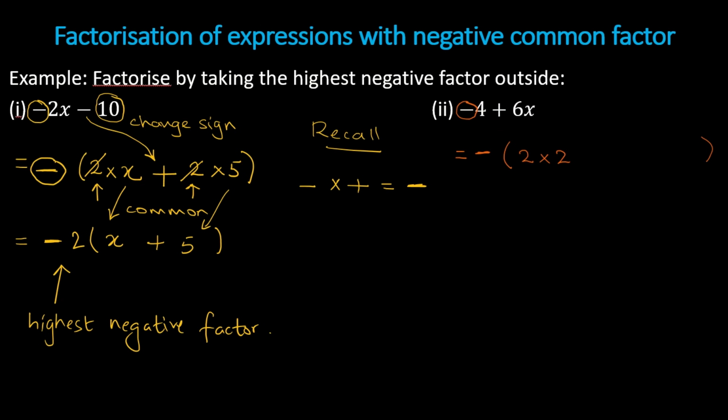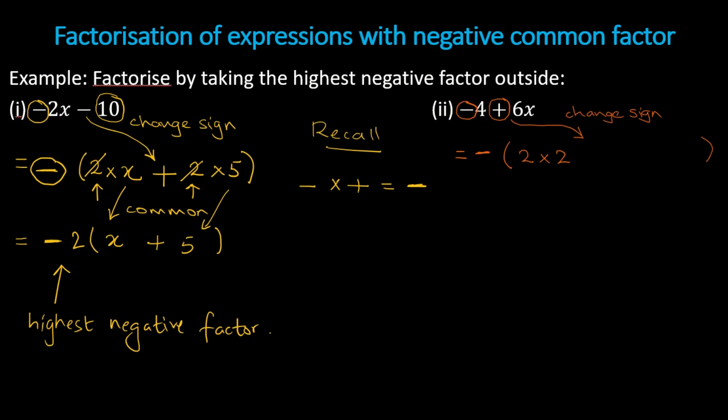Now, here you have a plus. What do we do with this sign? We change the sign. Why do we change the sign? Because we have taken out a minus sign outside the bracket.